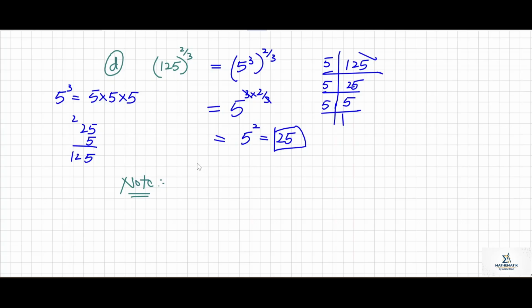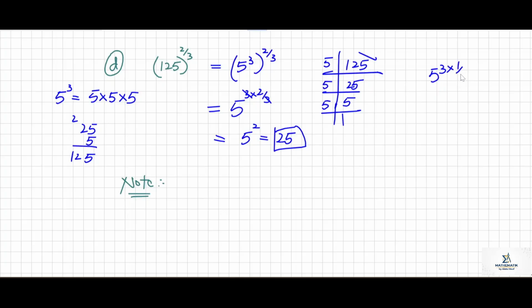Note: it's important that either the cube root or the square root can be calculated first. The final answer will be the same. Here I was using the factorization method. But you can also think of it as 5 raised to 3 into 1 by 3.